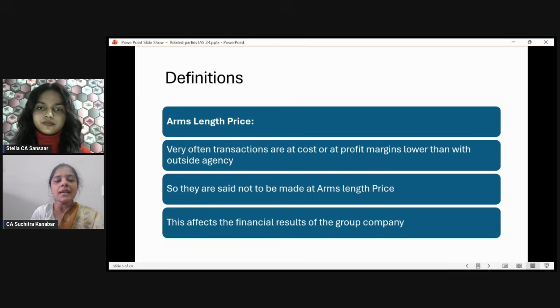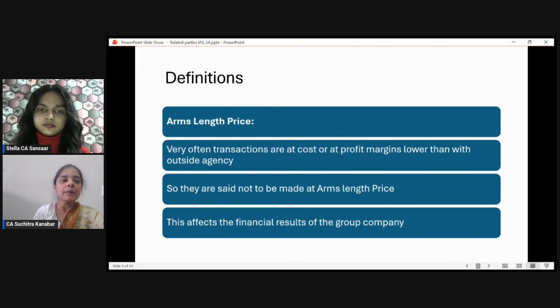So they are said not to be made at arm's length price. This affects the financial results of the group company. Basically, we are entering into transactions at prices other than those at which we would normally enter into with other customers in our business.